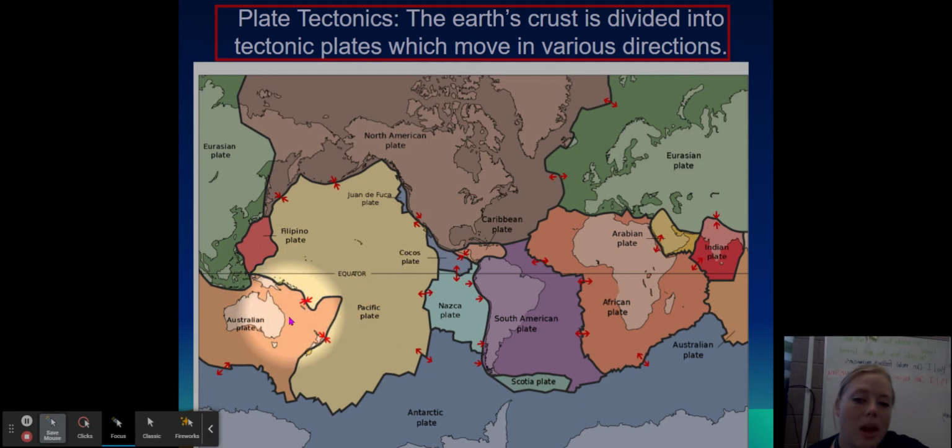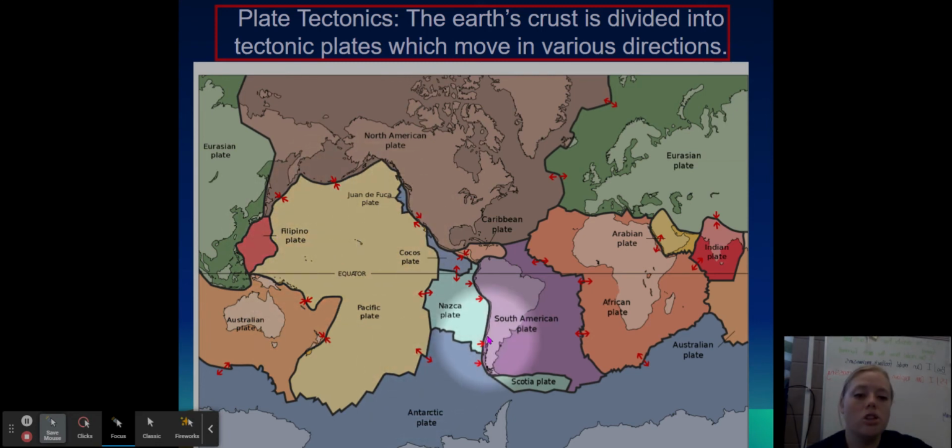It can also move back and forth from this way. And so that being said, it's moving toward the Pacific plate, it's moving away from the Antarctic plate, and it is crashing into the Pacific plate. So that Australian plate includes some of the ocean.